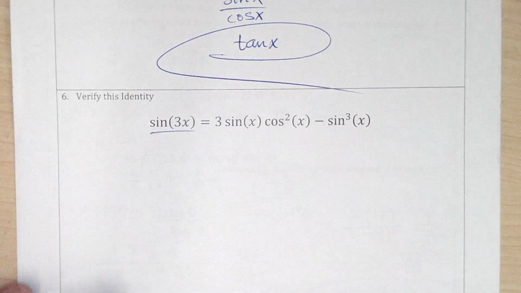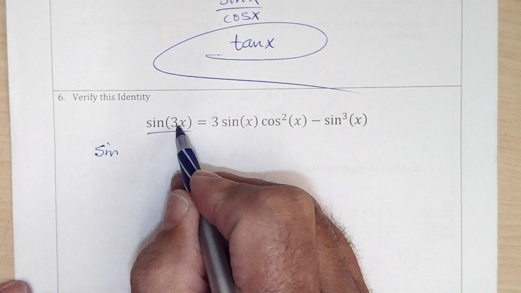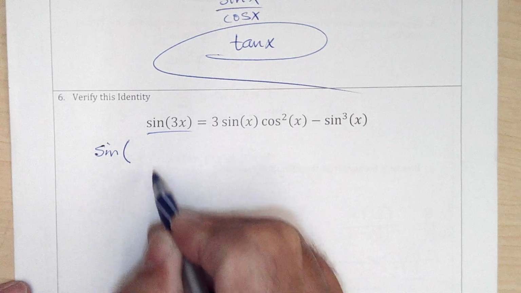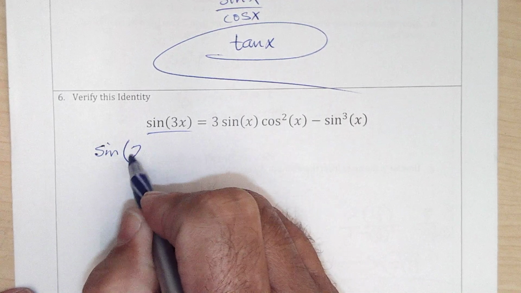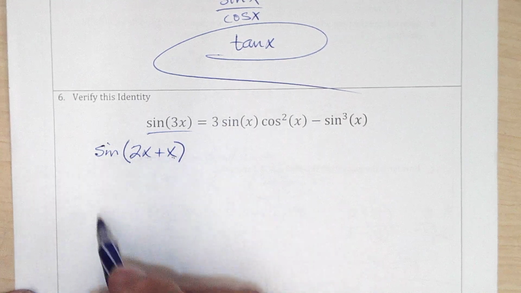Sine of 3x. Several people had trouble with this. That's the sine of x plus x plus x, but we know only how to do it for 2 angles, so we do like 2x plus x. That's 3x.